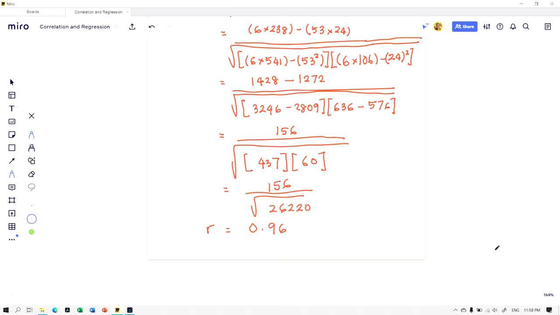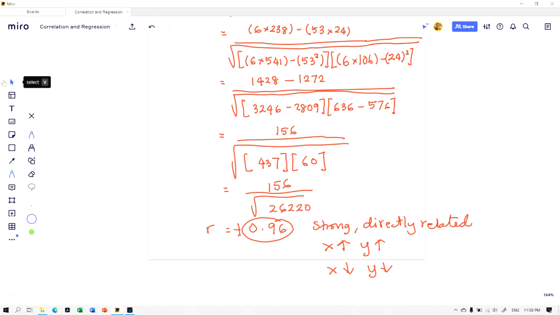The magnitude is 0.96, which is strong, and it is positive, so it is directly related. It means that when x increases, y will also increase, or when x decreases, y also decreases in the same direction.